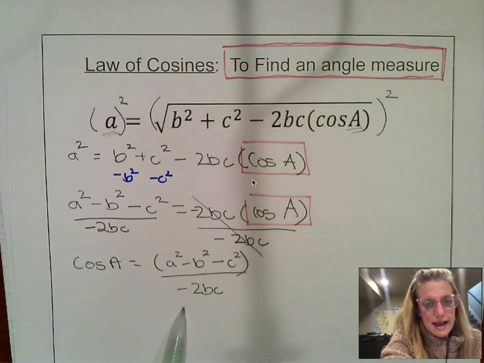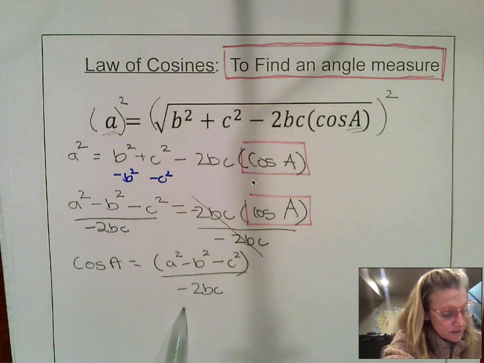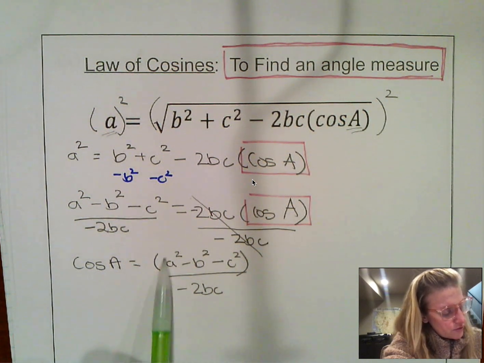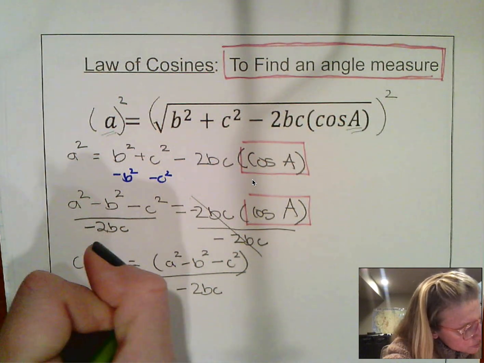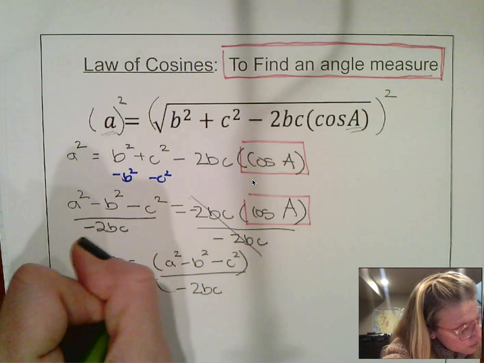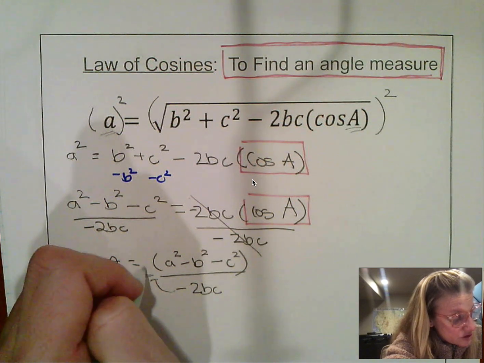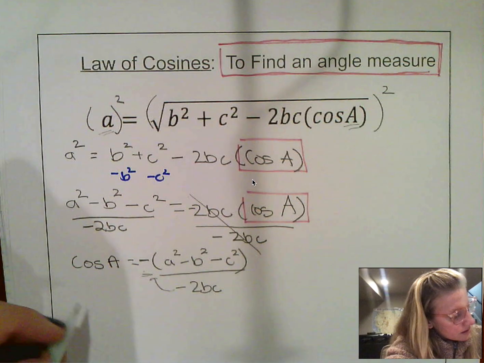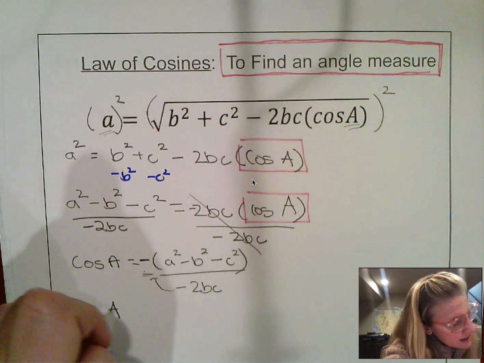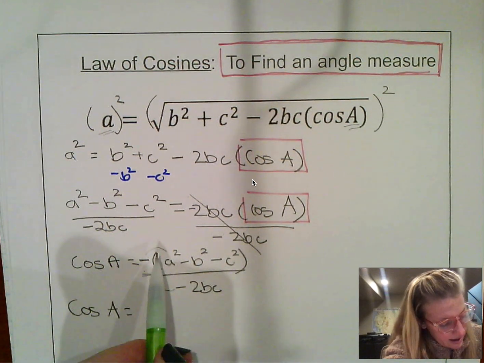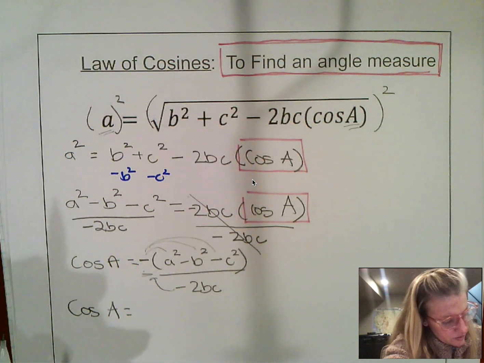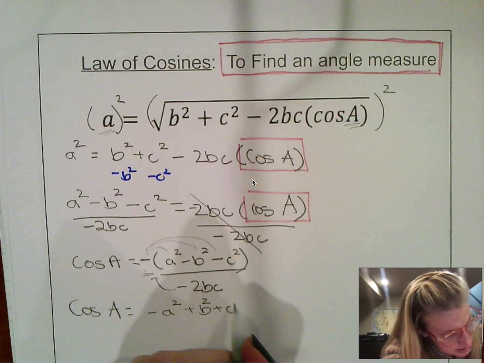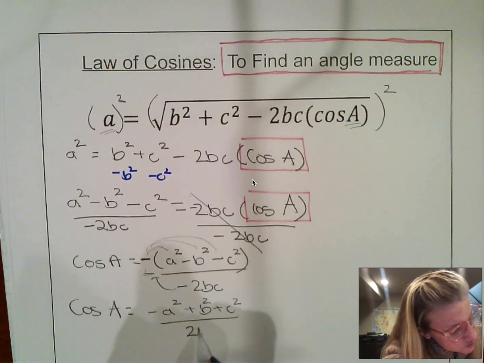I don't really like having this negative in the denominator, so I'm actually going to move it up here, because really this negative, you could move out in front, and then a lot of times mathematicians move it into the numerator. So if I clean this up just a little bit, I'd be at the cosine of angle A, and let's go ahead and distribute that. So I have a negative a squared plus b squared plus c squared over a positive 2bc.